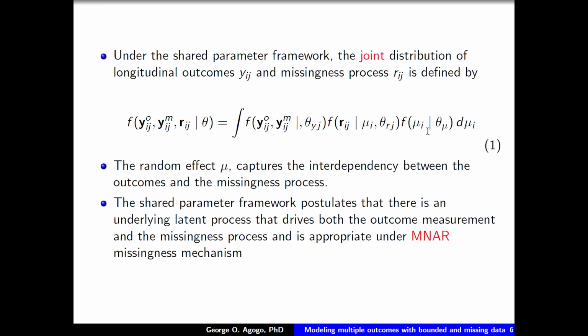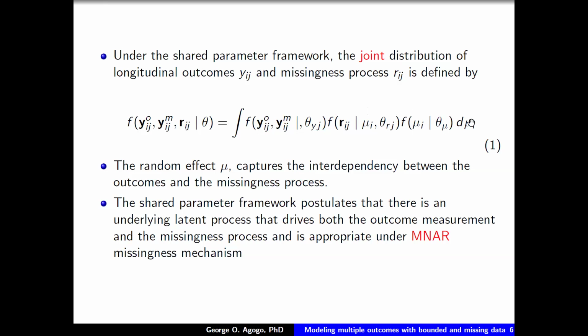Latent, in the sense that these are factors that were not observed, but affect the outcome as well as the missingness of those outcomes. So the first component is the outcome measurements, whether observed or missing, the second is the missingness pattern, and the third is the density function of the latent factors.